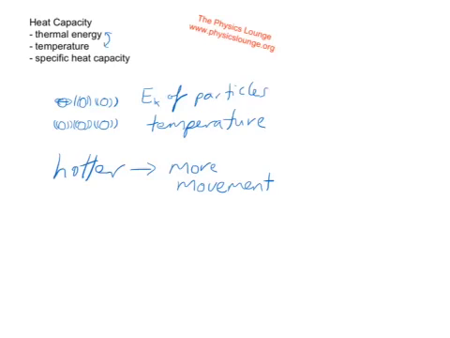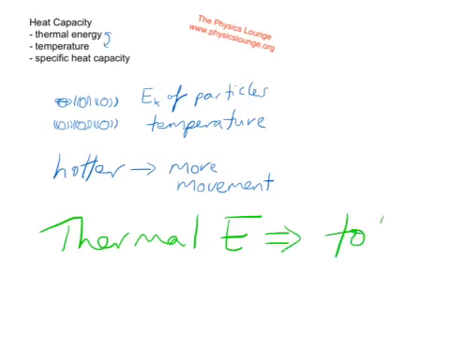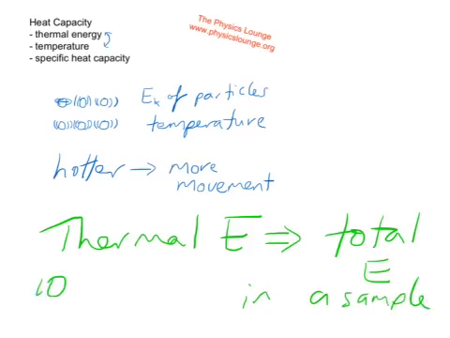Now we get to this idea of thermal energy. Thermal energy is the total amount of energy. So think thermal energy, think total E, in a sample. Okay, so we might have 10 atoms, this is just for example, but they have say 50 joules of energy each.